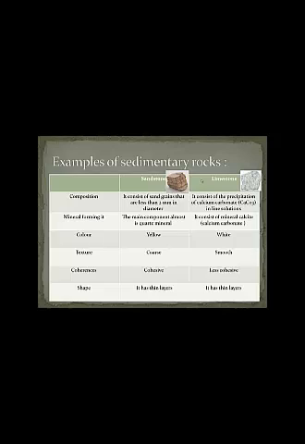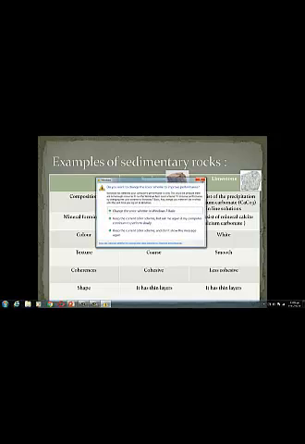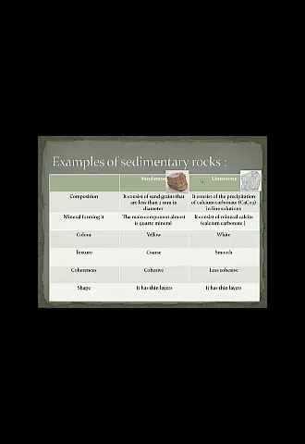In terms of mineral, the main component of sandstone is almost entirely the quartz mineral, but limestone consists of the mineral calcite, or calcium carbonate. According to color, sandstone is yellow, but limestone is white. According to texture, sandstone is coarse, but limestone is smooth.